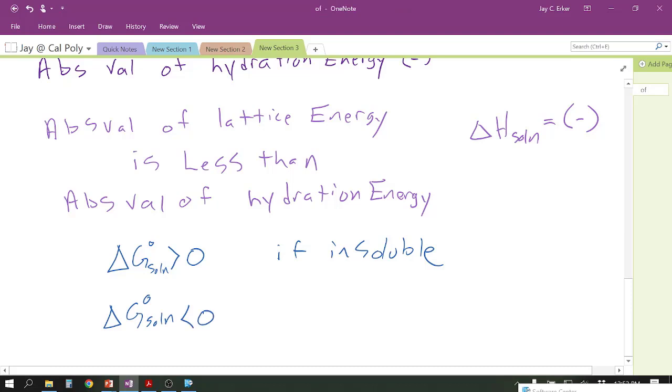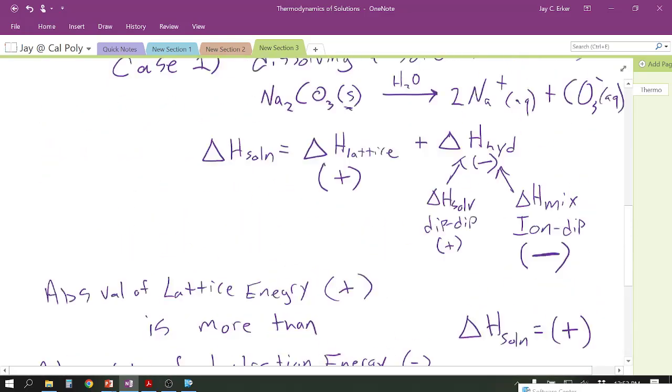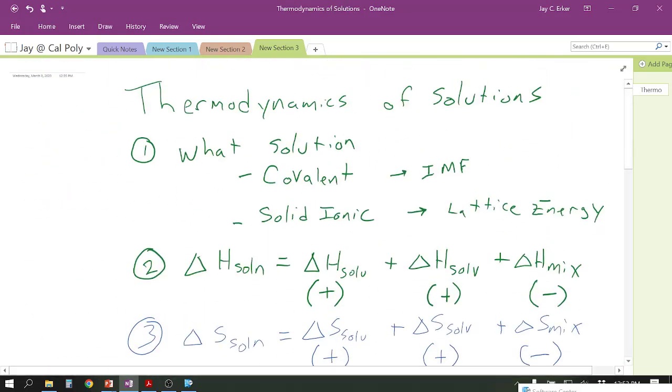Delta G less than 0 would tell us if we instead form the products. And I like to think about this particularly as staying as reactants or forming products, because the thing that becomes important here, when we say stays reactants or forms products, goes back to this very first step of what actual solution are we making, right?